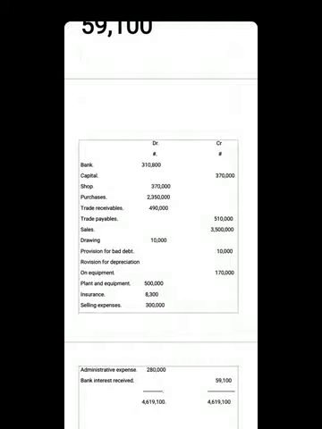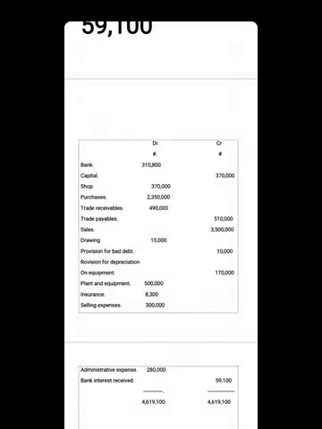So let's start with bank. Bank is at the debit side because it is an asset. Bank is 310,800 naira. Capital is a liability. The business is owing the owner of the company the capital, so it is a liability of 370,000 naira.